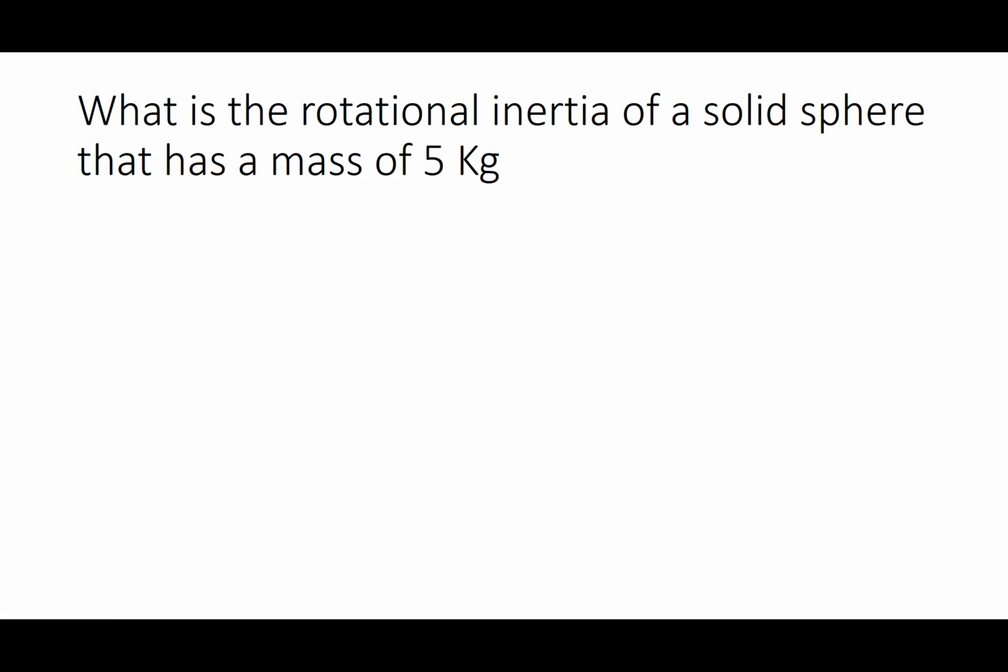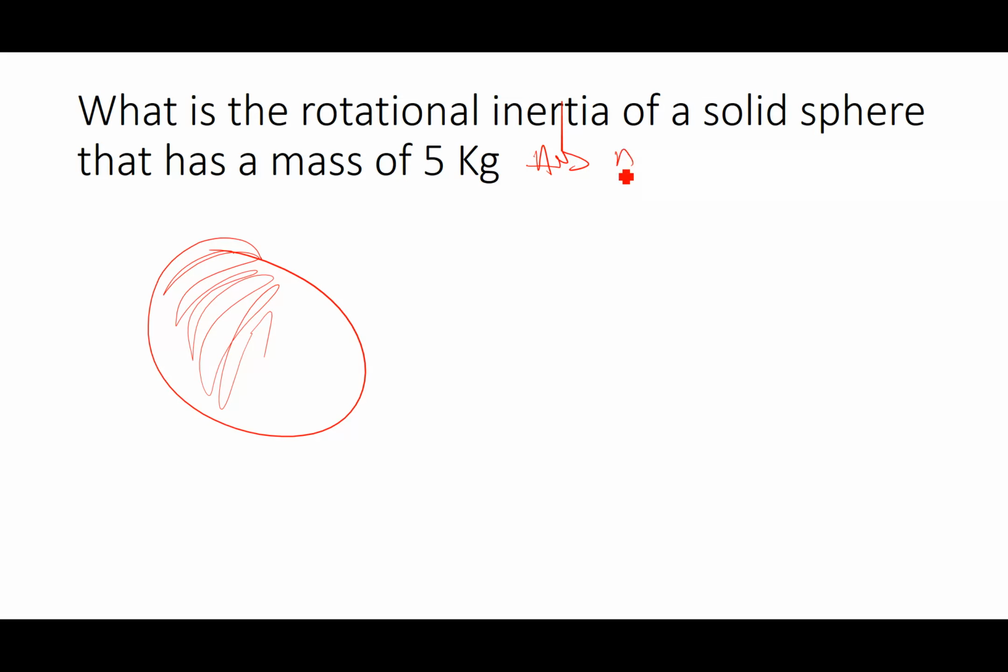Now, what's the rotational inertia for a solid sphere that has a mass of 5 kilograms? So here's my solid sphere. It's got a mass of 5 kilograms and a radius of 4 meters. Of course it does. So I is equal to 2/5 mr squared in this situation.